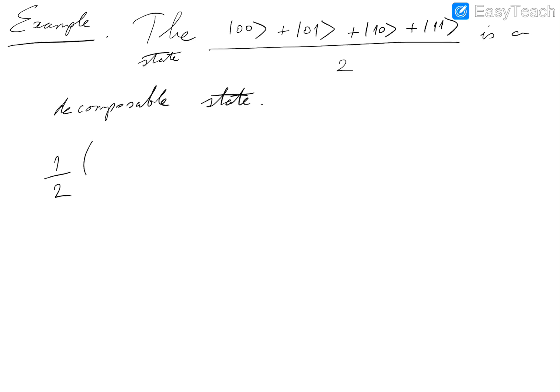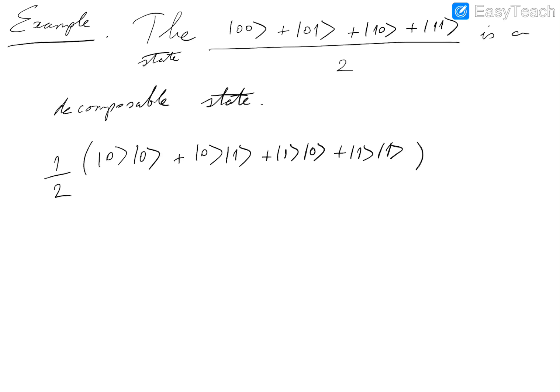Okay, 1/2 (|0>⊗|0> + |0>⊗|1> + |1>⊗|0> + |1>⊗|1>), right?